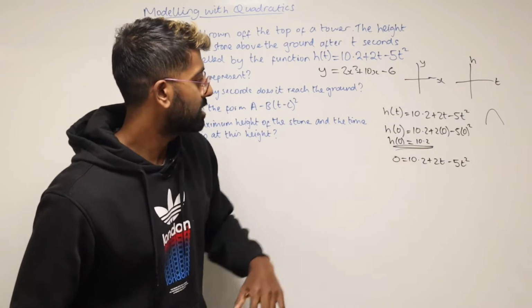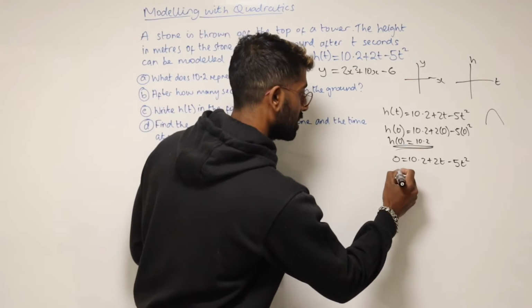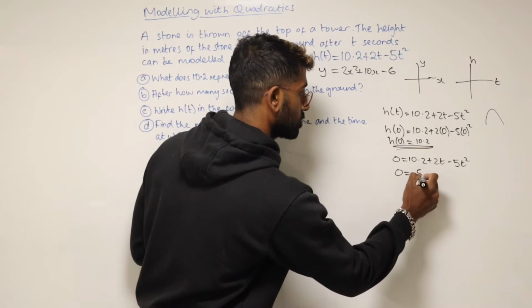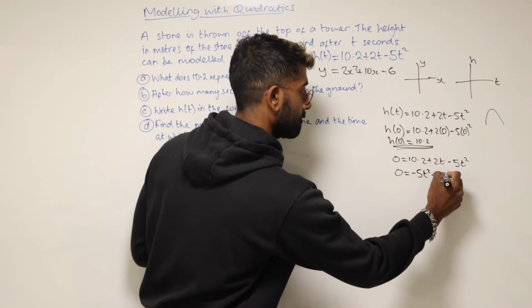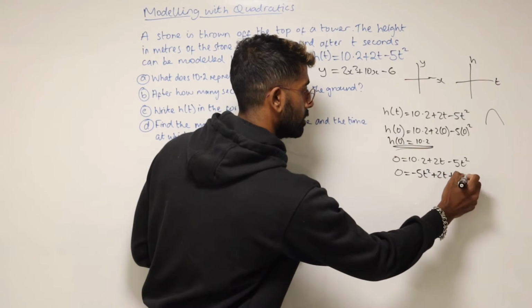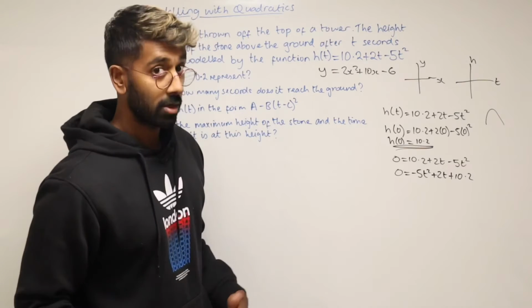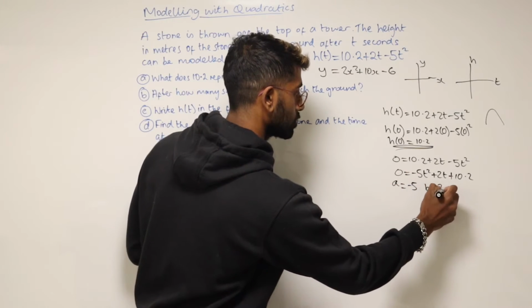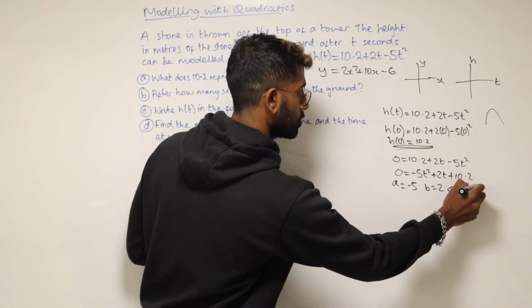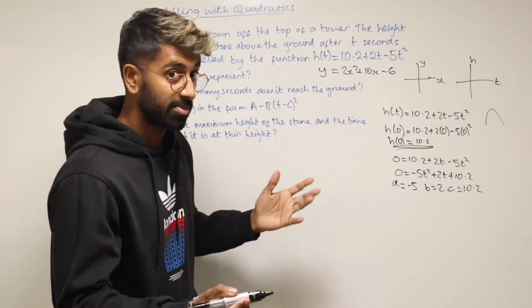Now to solve this, I think the best thing to do would just be put it in the quadratic formula. So we'll just rewrite it so that the minus 5t squared is at the front, and then our 10.2. So using the quadratic formula, we can say a is equal to minus 5, b is equal to 2, c is equal to 10.2, and then just plug that all in.